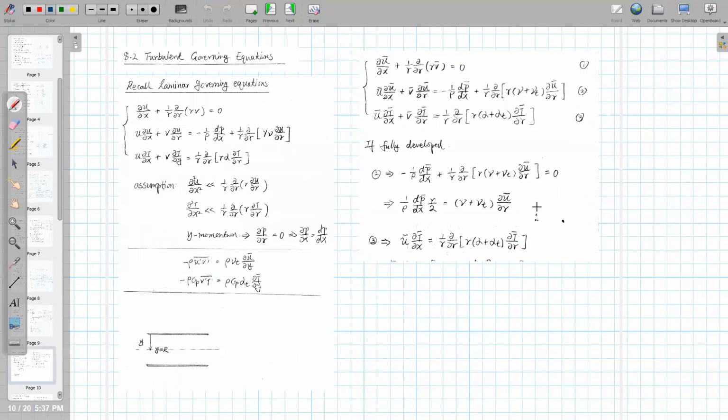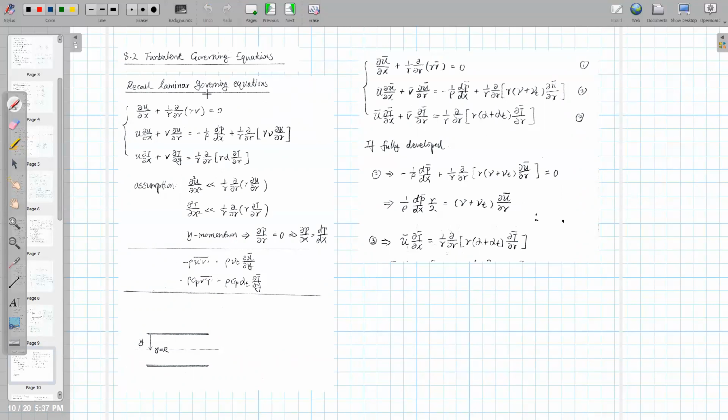And then we also need to know what the governing equations will be. This is the laminar governing equation, right? But as we talked about before, the laminar governing equation is still the same equation for the instantaneous quantities, because they follow the same conservation laws: continuity, momentum, and energy.